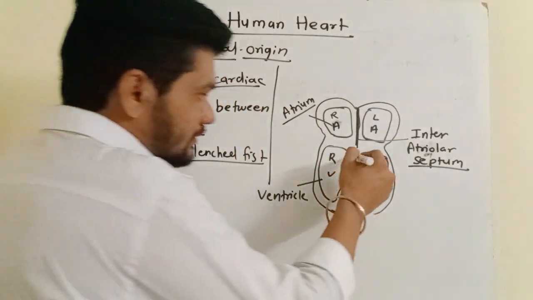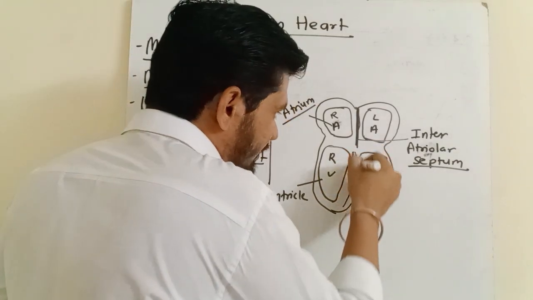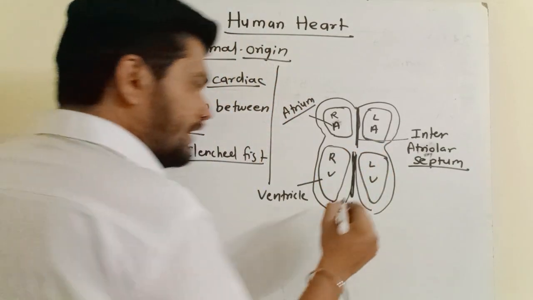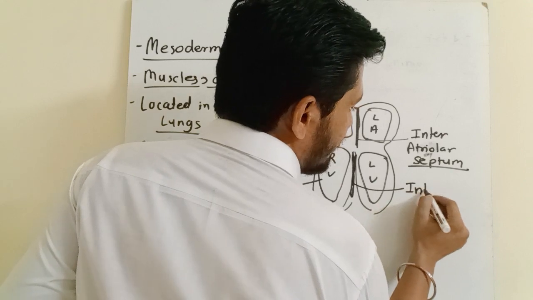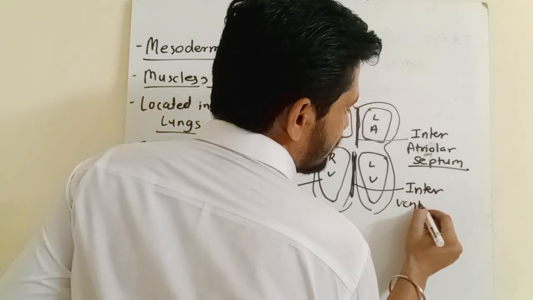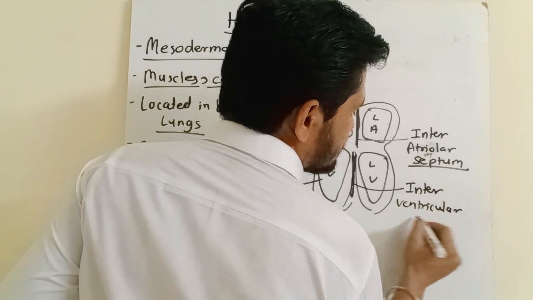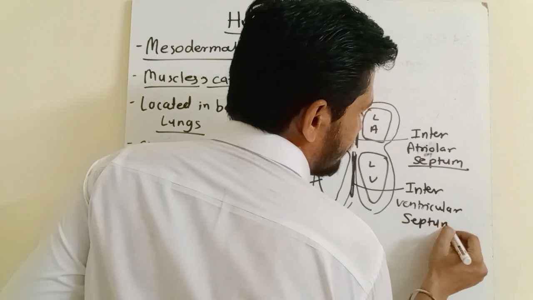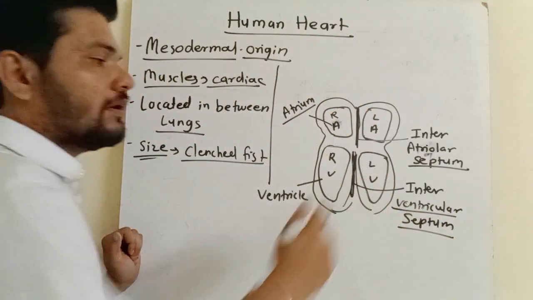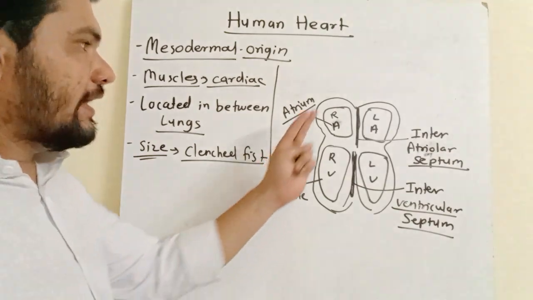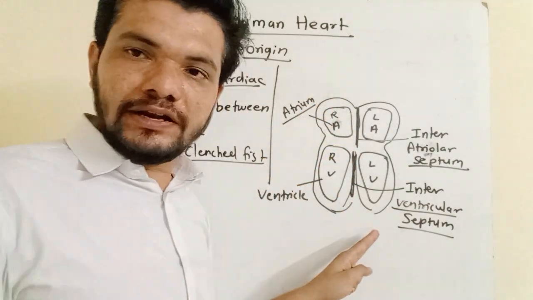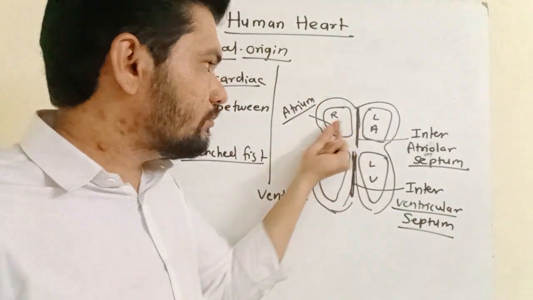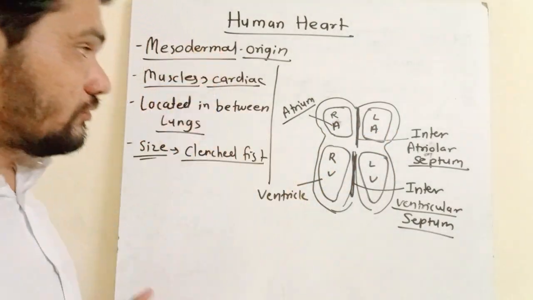Then there is again a wall present in between two ventricles called the interventricular septum. Wall between two adjacent ventricles. Interatrial septum and interventricular septum separate both atria and both ventricles.